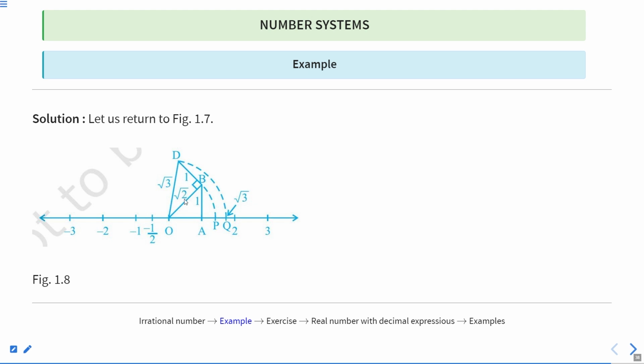By Pythagoras theorem, in the right triangle OBD, where this angle is 90 degrees, OD is the square root of root 2 square plus 1 square, that is equal to root 3. So OD is root 3. Now if we draw an arc with center O and radius OD, it will intersect the number line at point Q. So this Q represents root 3.